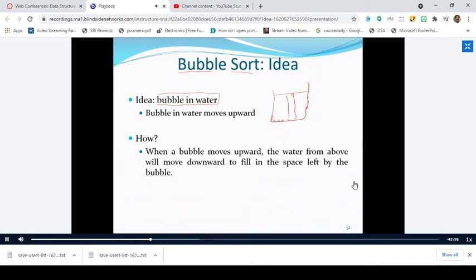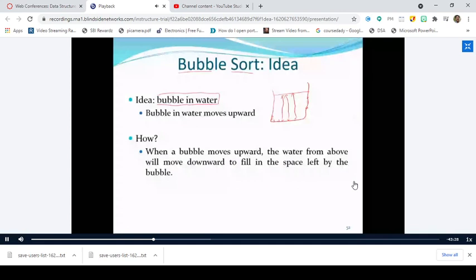So if you observe the bubble sort algorithm, the same thing happens. The same thing happens means the largest element present in the array will be moved to the end of the array, right? And it appears as if the largest element is moving in such a way that the bubble is moving to the brim of the water glass, right?